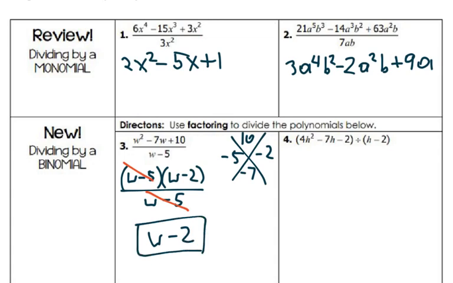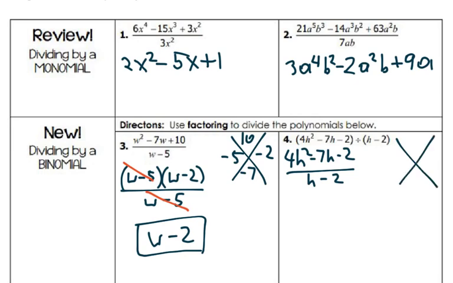So I just divided this polynomial by w minus 5. In example number 4, you may want to rewrite first as a fraction. So we're going to have 4h squared minus 7h minus 2 divided by the binomial h minus 2. And then we want to factor the polynomial in the numerator.